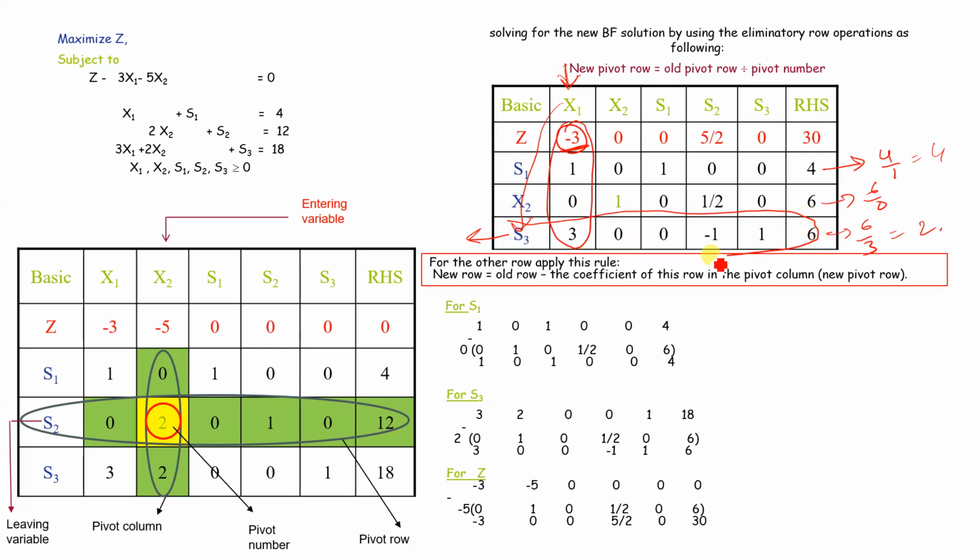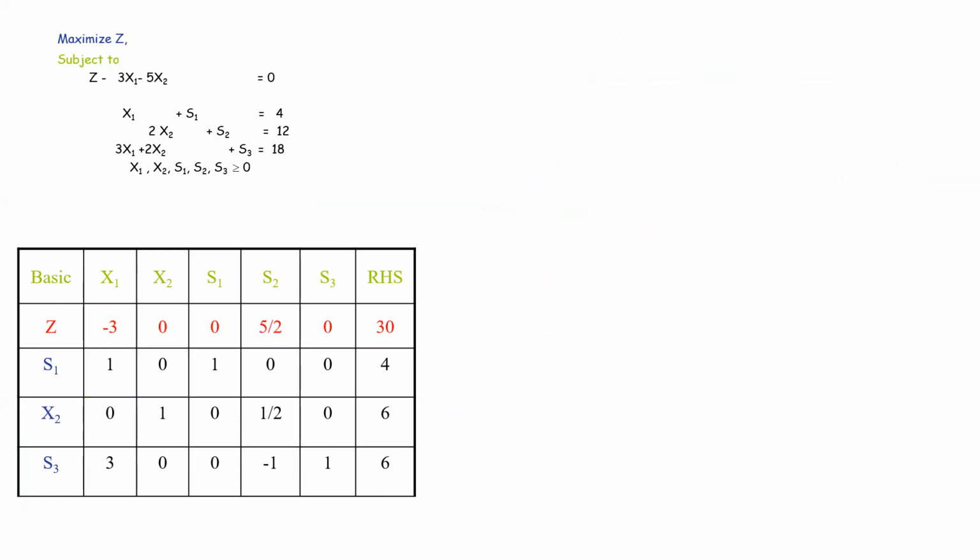Again, we are going to do the same process. The new pivot row will be the old pivot row divided by the pivot element, which is 3 in this case. So we are going to divide each and every element by 3 in order to have a new pivot row. So let's do this.